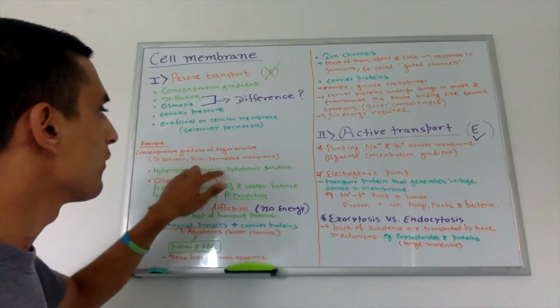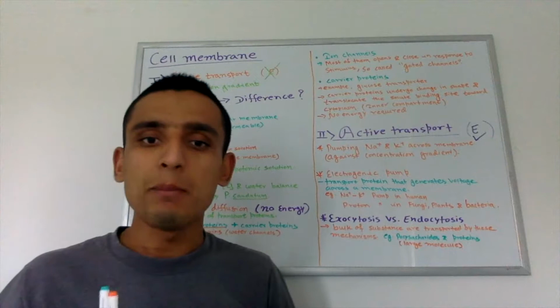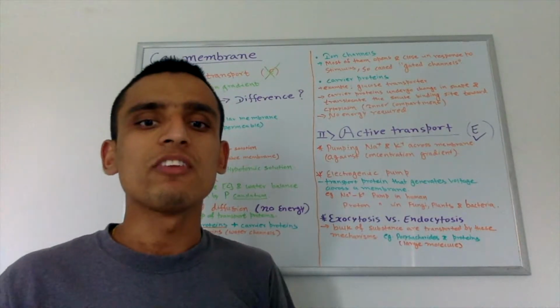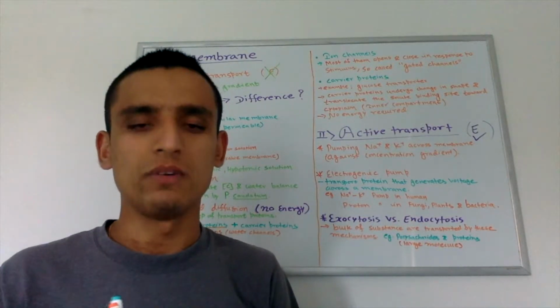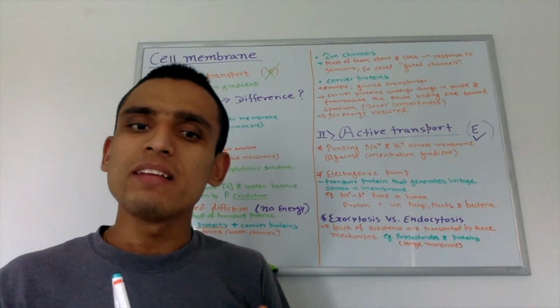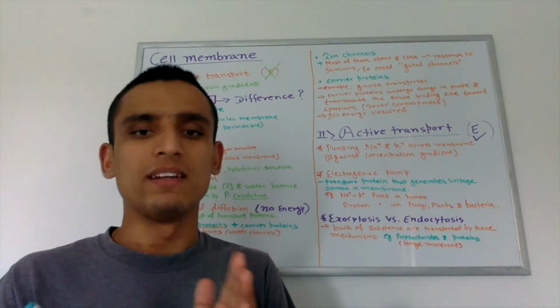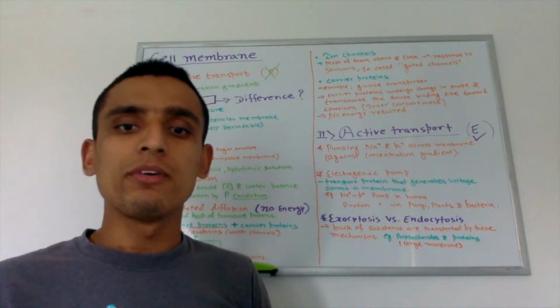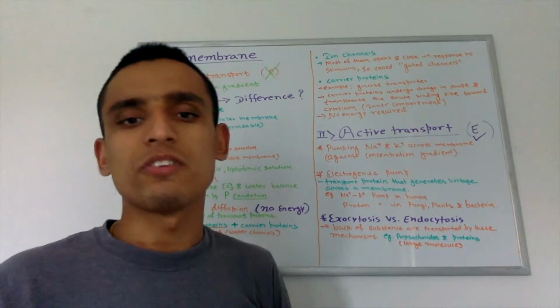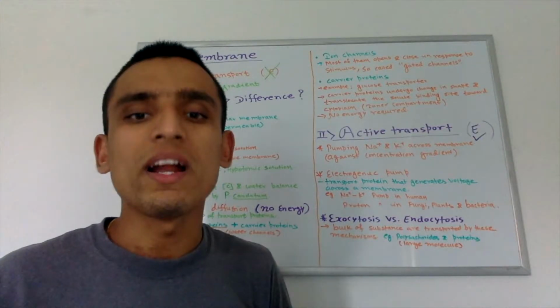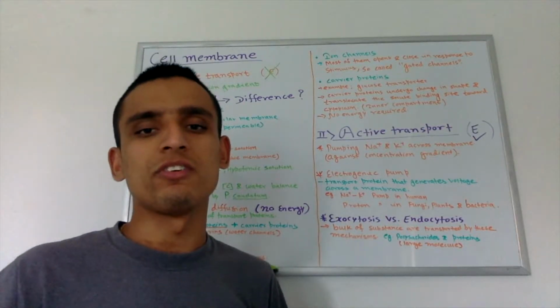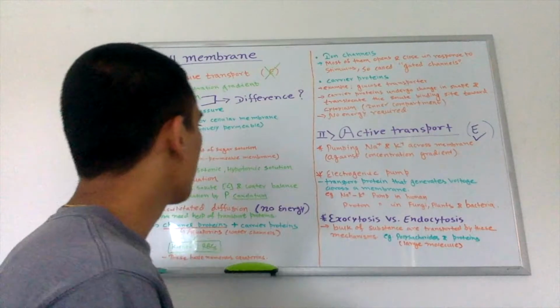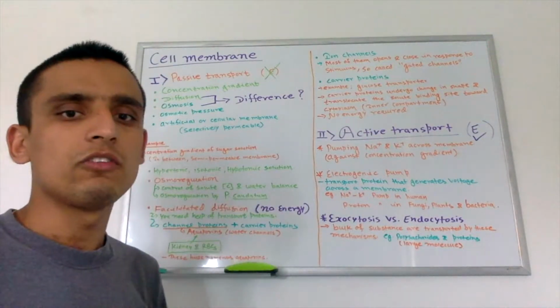Hypertonic means the solute concentration is more. Isotonic means it is in between; it is not hypo, it is not hyper. And hypotonic means the solute concentration is less, but the water or solvent concentration is more. That we call a hypotonic solution.